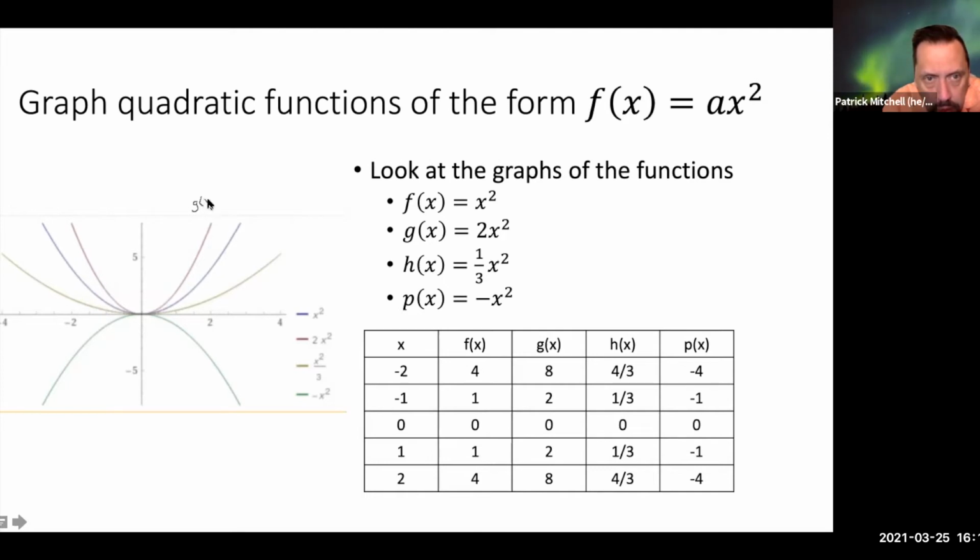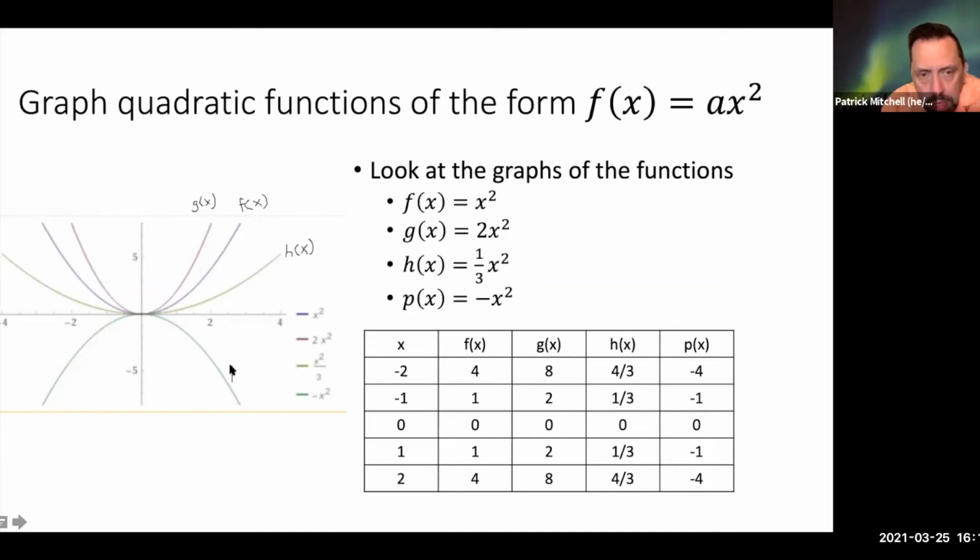This one here is g of x. This one here is f of x. Okay, the one below that, but still opening upwards, is h of x. And then the one down below that's opening downwards is p of x.